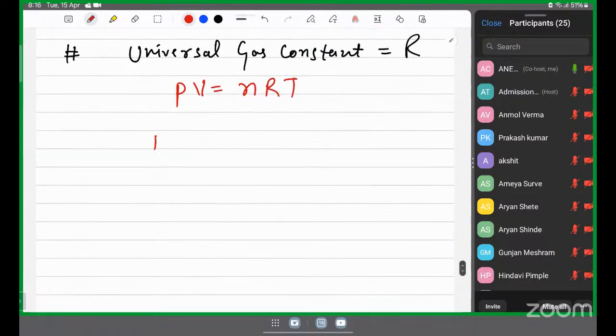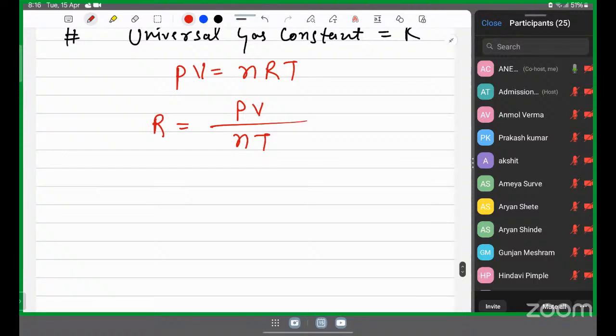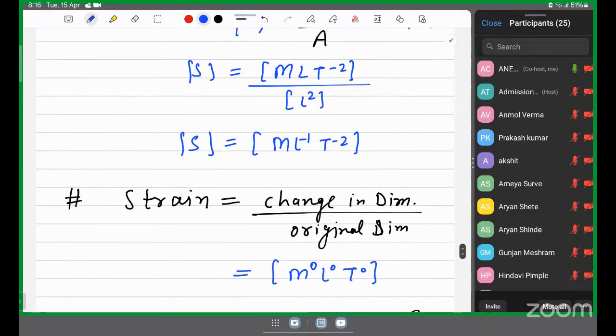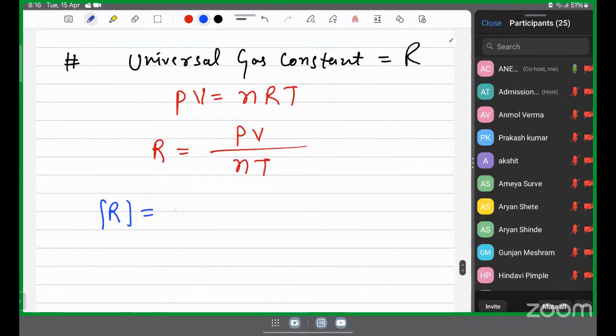I am interested in R. So this will be PV upon nT, where P is pressure, V is volume, n is number of moles, T is temperature. What will be the dimension for R? For pressure, we have dimension ML minus 1 T minus 2.